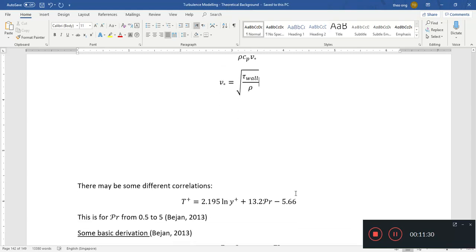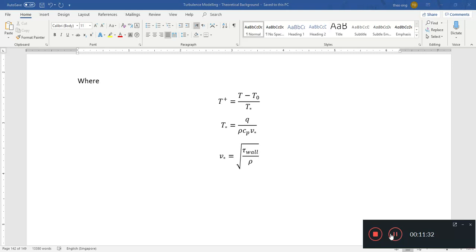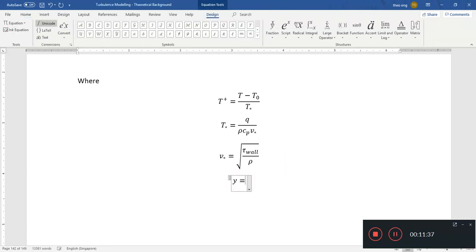And the way we non-dimensionalize y is as follows: y plus equals y u star over nu. I'm more used to u than v, so I'll just use u. This is how we do it.